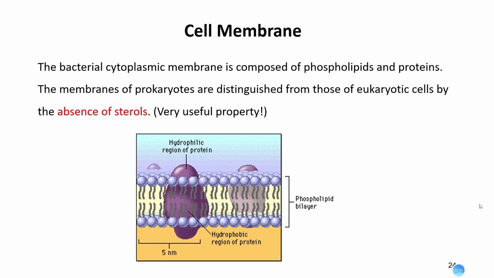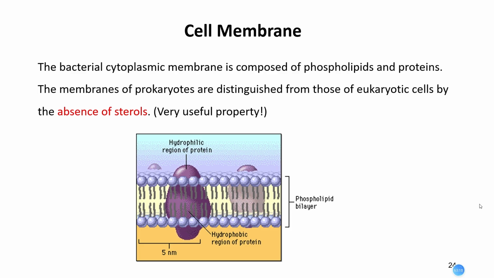What's the tail? Fatty acid, right? The fatty acid tails are hydrophobic. So the cell membrane contains two layers of hydrophilic surface, and the inner part is hydrophobic.